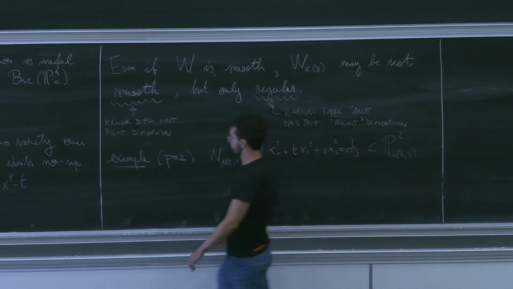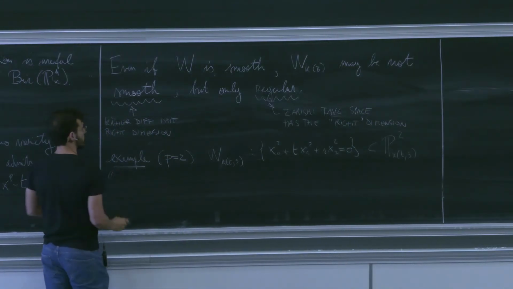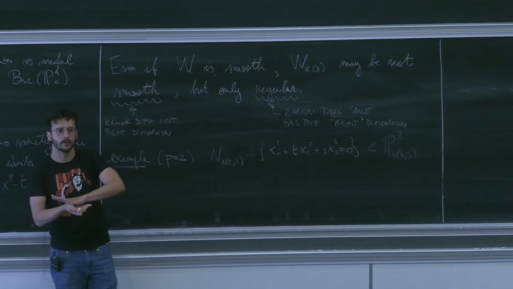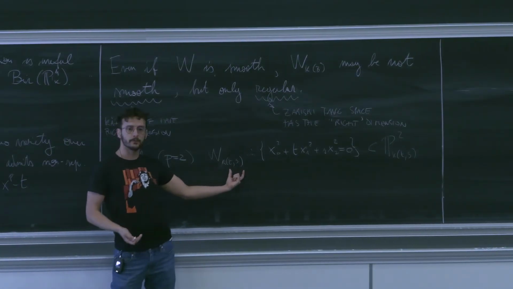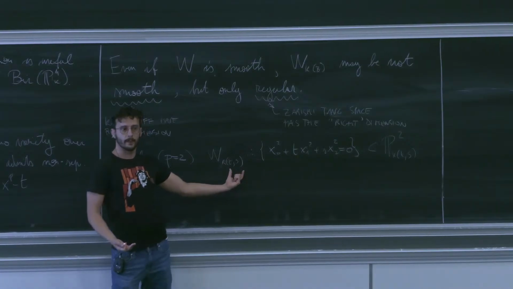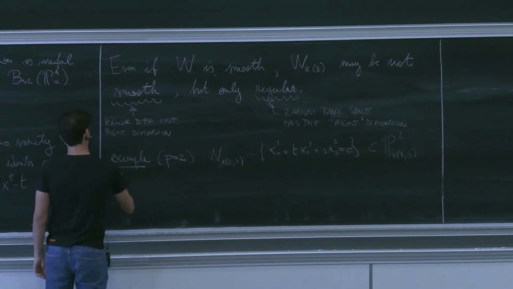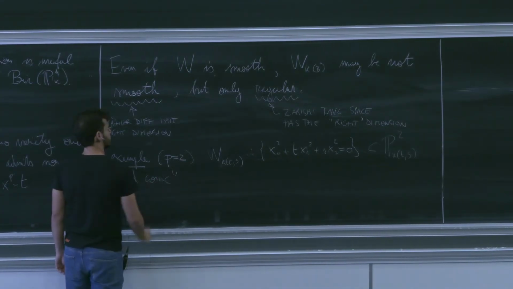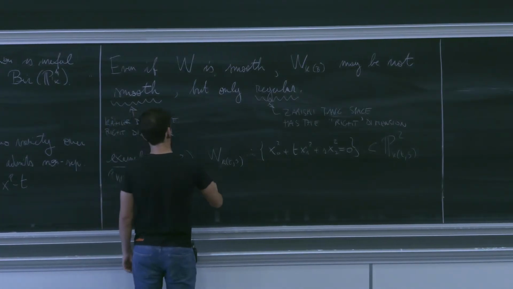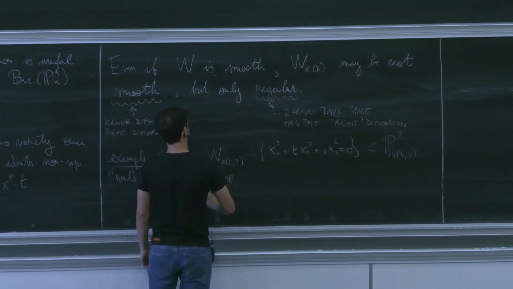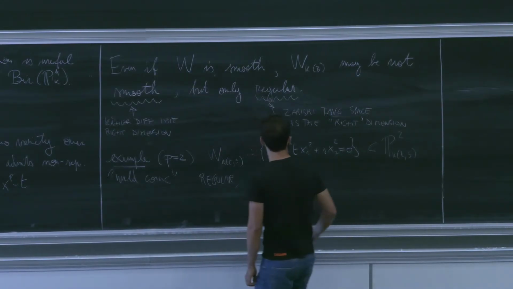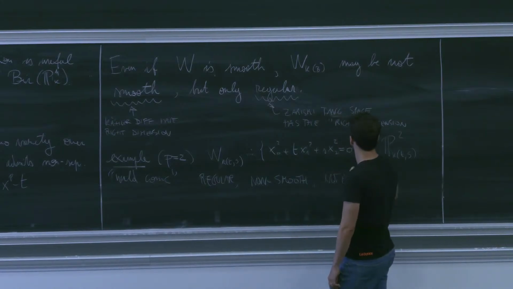This is the generic fiber of what in the literature is usually called a wild conic bundle, even over P2. This is the function field of P2. Those examples exist. So this is a wild conic, which is regular, non-smooth, actually not even geometrically reduced.